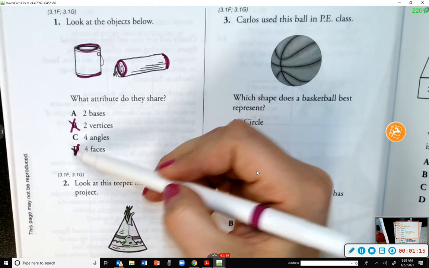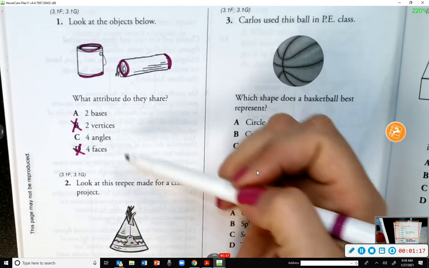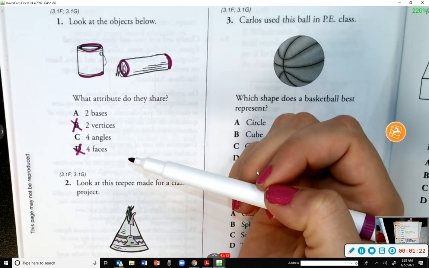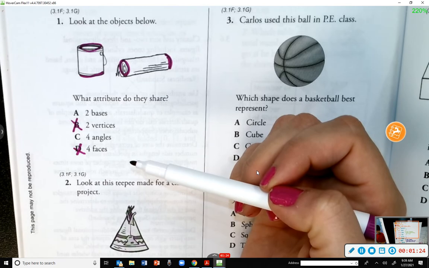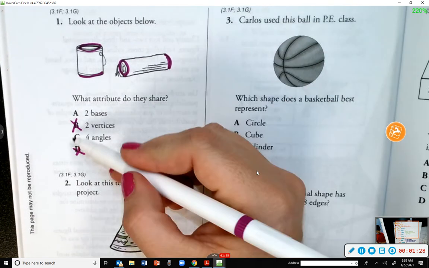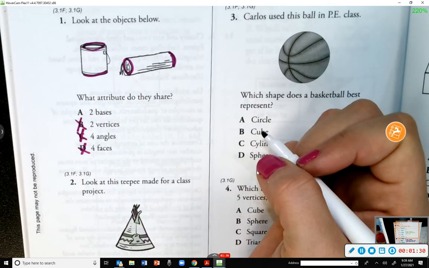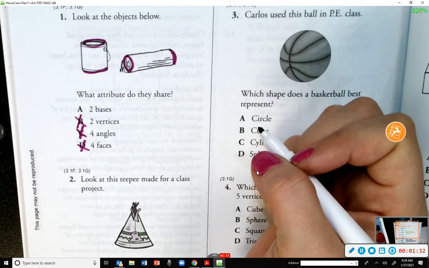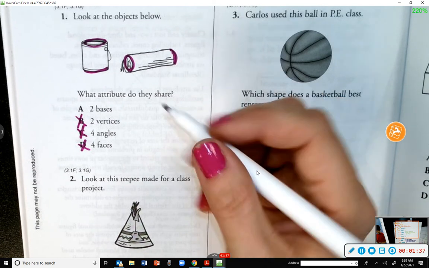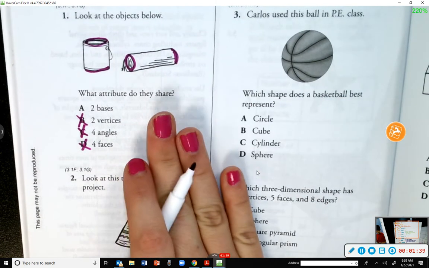Okay, so two faces. Four angles? No. Okay, angles are for 2D shapes, not 3D. So we don't see any angles. Two bases. Well, a base is kind of the same as a face, but a base we consider something it can sit on.